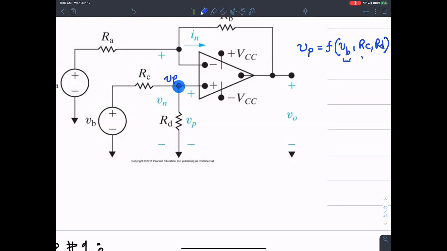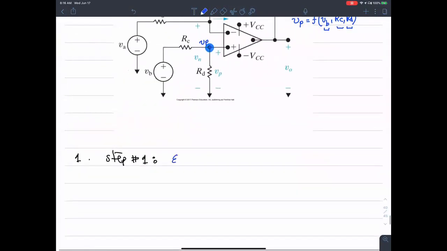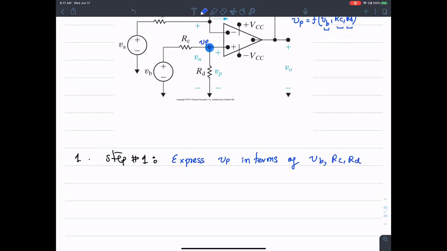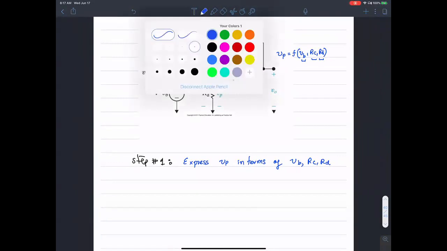VB, RC, and RD are known to me. So I'm going to use these terms to express the value of VP. That's step number one: express VP in terms of VB, RC, and RD.